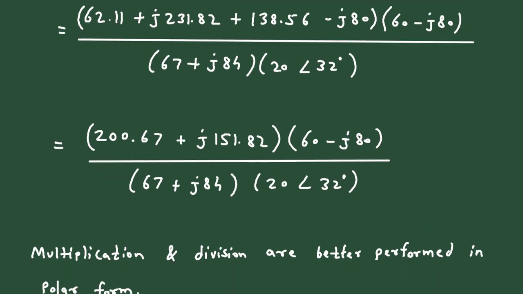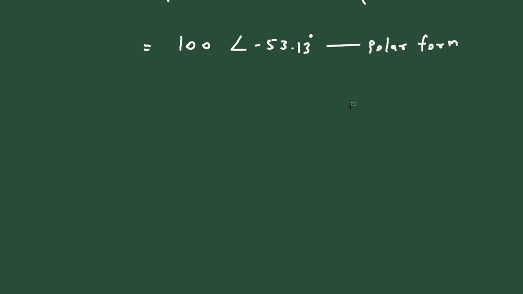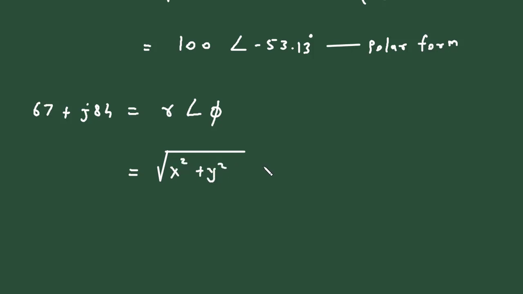Now let's simplify this. Also we will convert this 67 plus j84. So let's copy it from here. So again same, r at an angle phi. So under root of x square plus y square at an angle tan inverse of y by x.